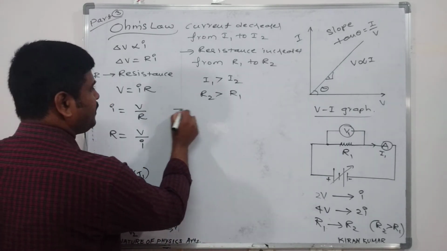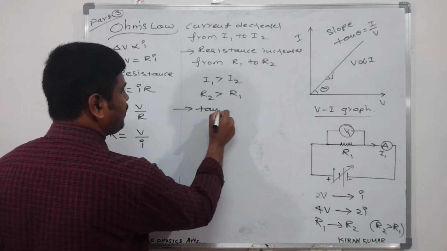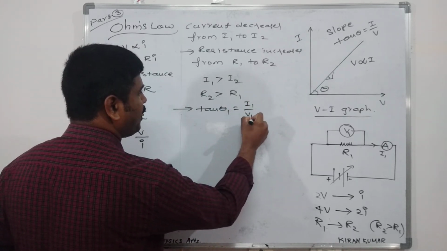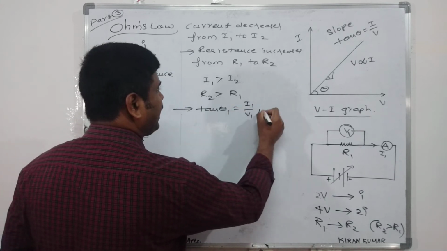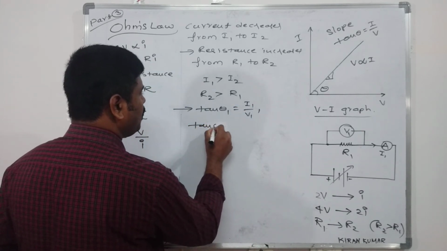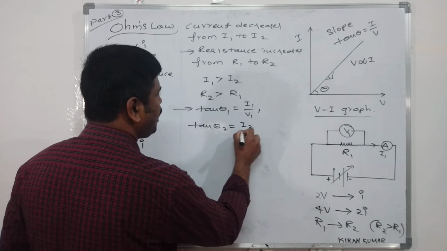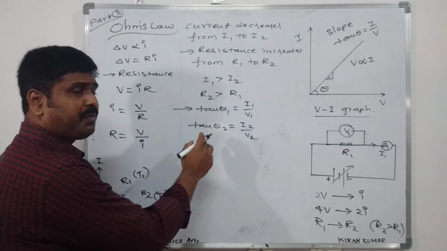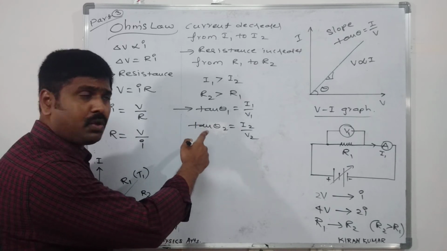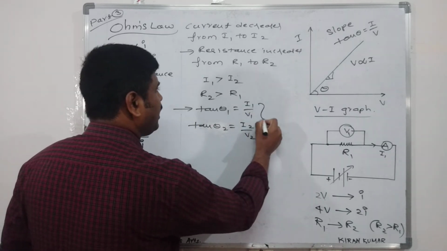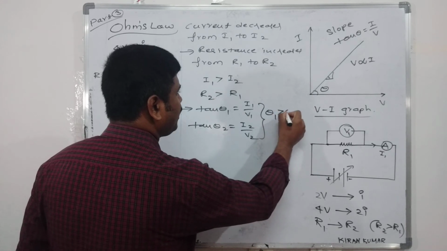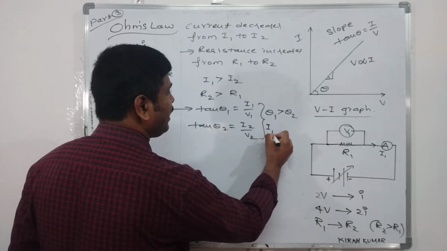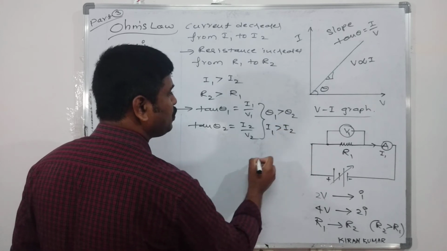The slope of the graph, tan theta 1 for the first resistance, is equal to I1 by V1, and second tan theta 2 is equal to I2 by V2. From the slope also we can understand that theta 1 is greater than theta 2 and current I1 is greater than I2.